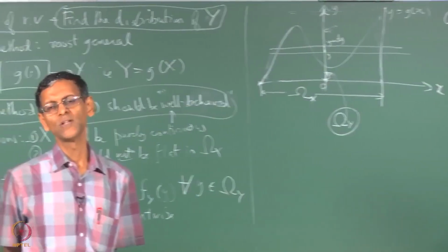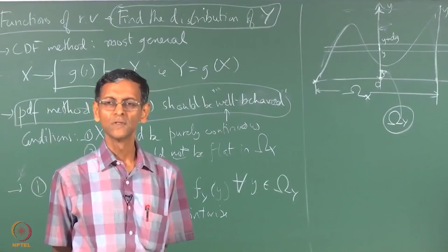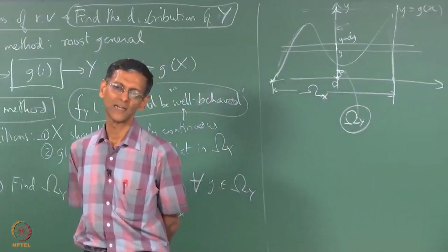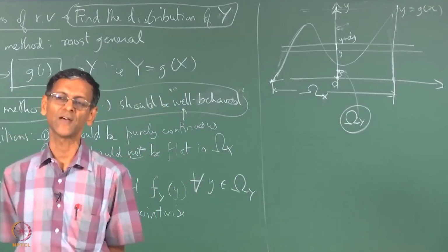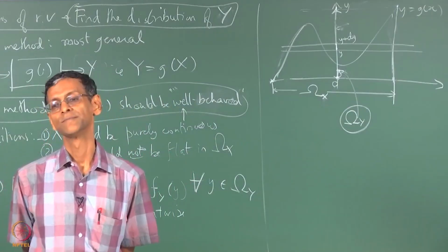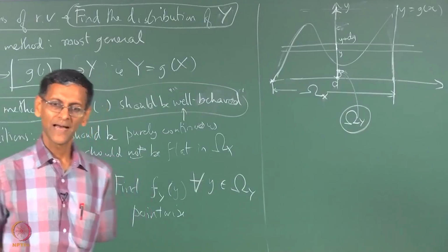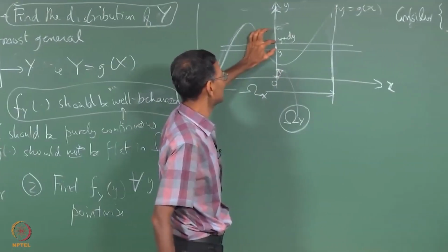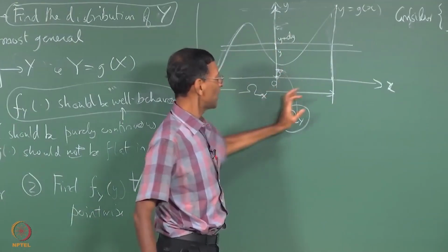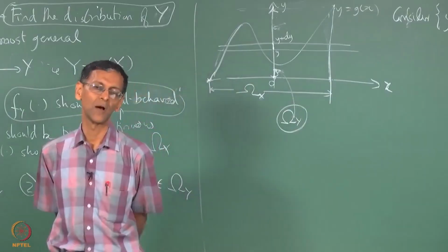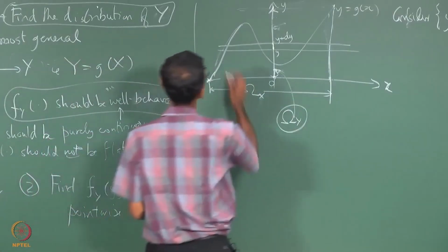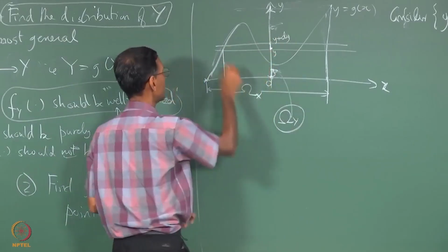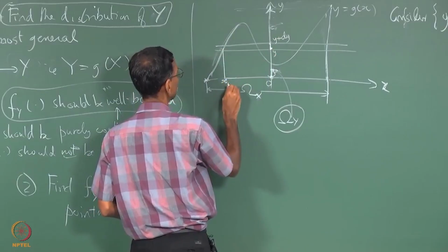So what do I want to do with this interval? I want to map it back into x. So I want to look at what values x should take so that y takes values in the interval y to y plus dy. It's as simple as that. And if I map this, all I have to say is the probability of this is obtainable from the description on x somehow, which is not too difficult to do because it turns out that if I take y, not y plus dy, if I take y, how many roots can I find here?